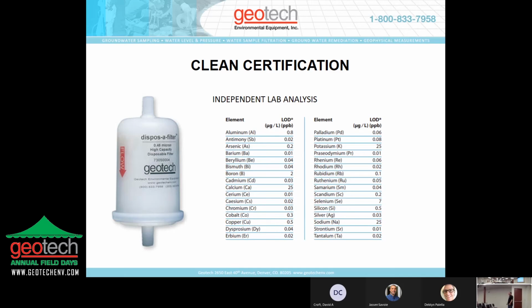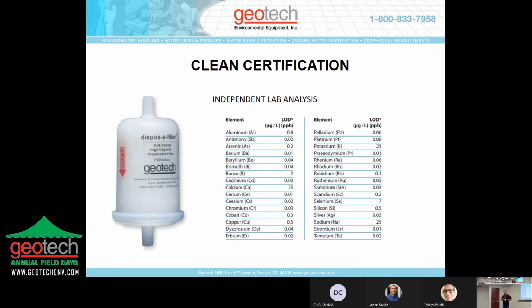So if your filters are potentially contributing that much aluminum to your sample, because that's their detection limit, run those equipment blanks. Make sure you know where that source aluminum came from, and that you're not telling your client, hey, all of a sudden we have a spike of aluminum at your site, and you need to investigate this more, and it turns out it just came from your filter. So these are very low levels compared to industry standards.